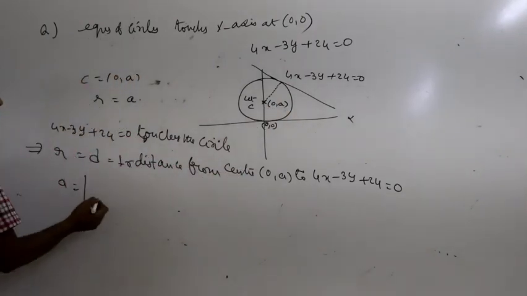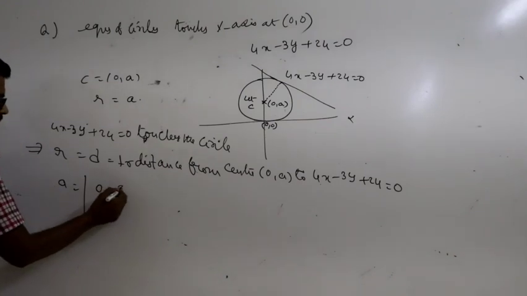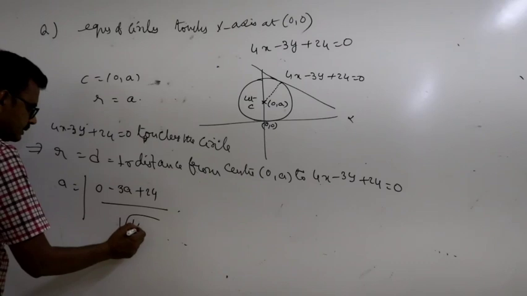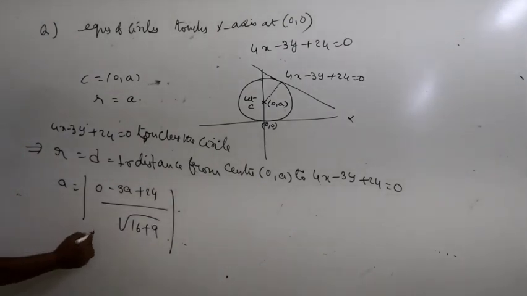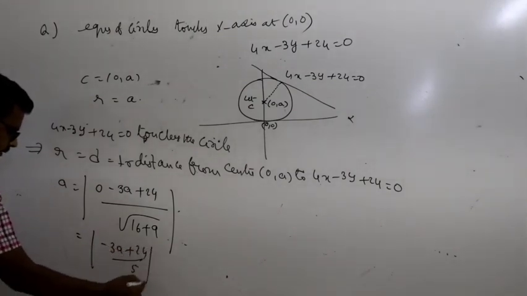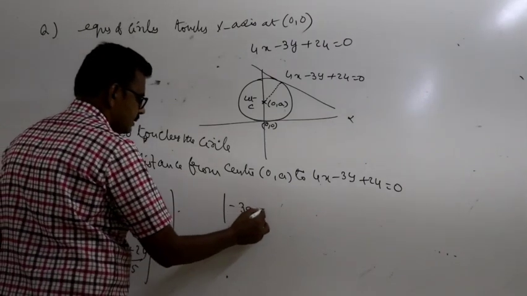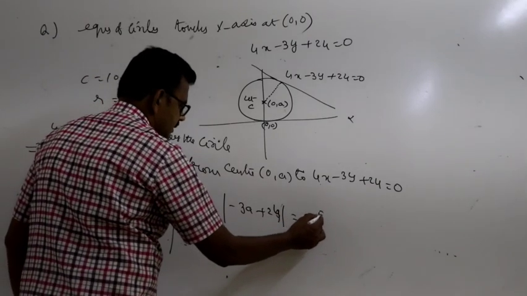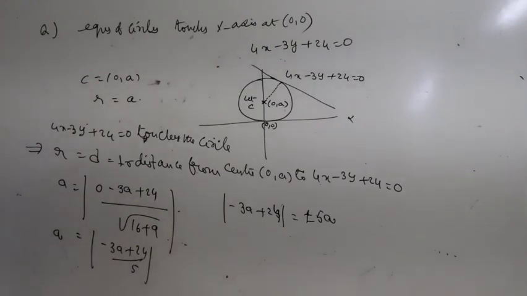(4 times 0 minus 3a plus 24) divided by root of a square plus b square, which is 5. That equals mod of minus 3a plus 24 by 5. This is a. Therefore, mod of minus 3a plus 24 is equal to plus or minus 5a.